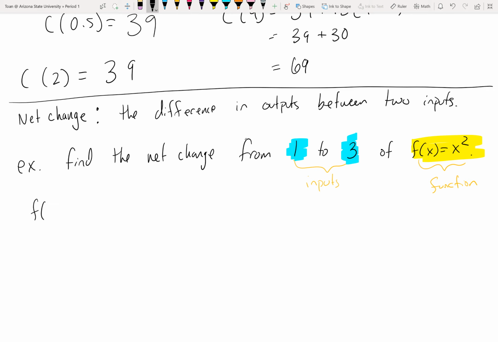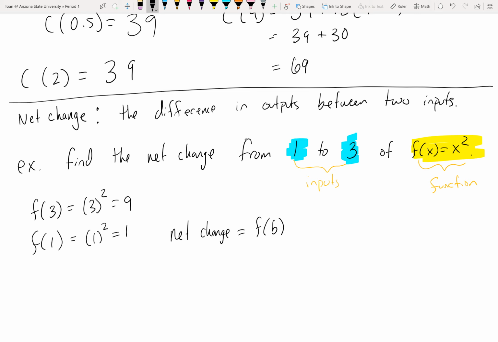So what's f of 3? That's just 3 squared, which is 9. What's f of 1? That's 1 squared, which is 1. Hopefully that was not too much trouble. Net change, again, is usually, I would say almost always, if not always, the output at the latter input, the output at the bigger input, minus the output of the smaller input.